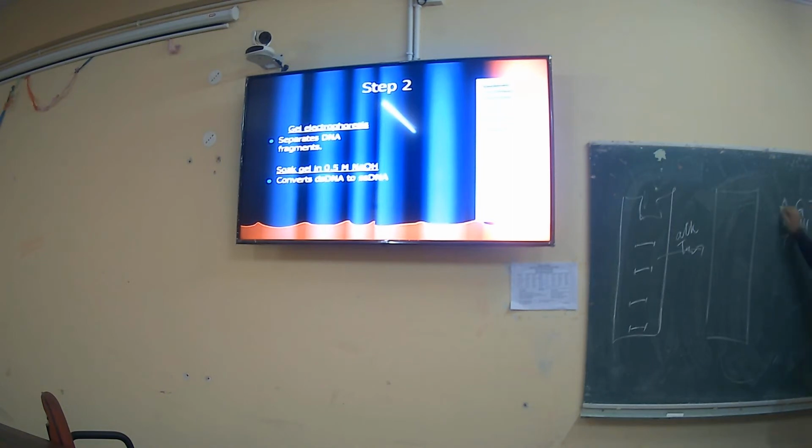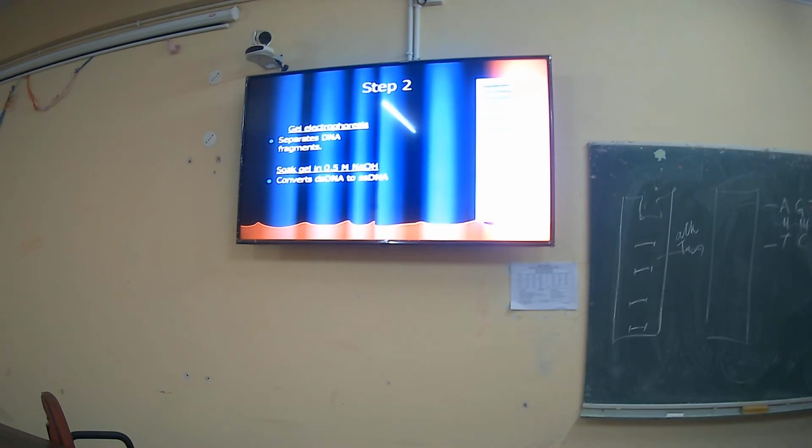So these are complementary. If you want to change this double stranded DNA into single stranded form, you must break the hydrogen bonds between them. So what is the mechanism by which the hydrogen bonds will be broken with the alkaline treatment?